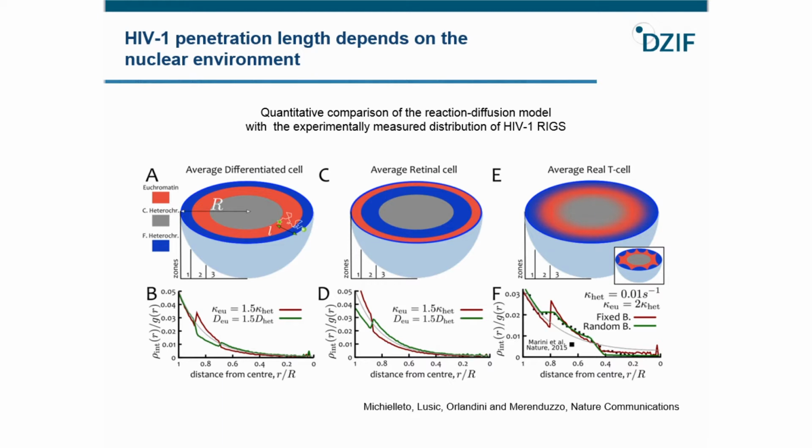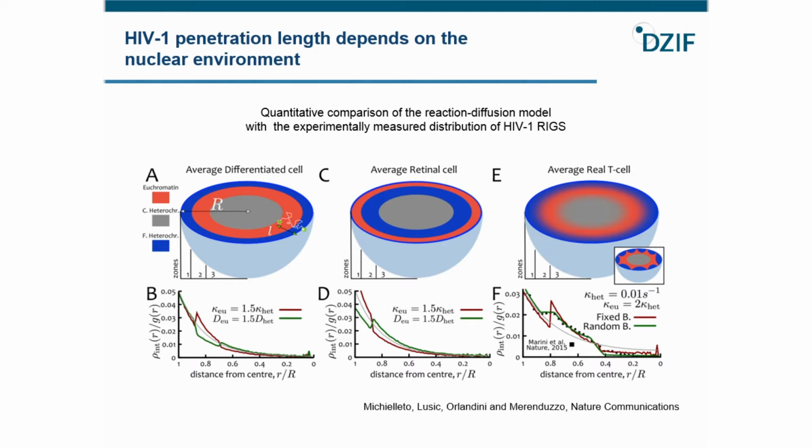Italian physicist, in which we compared, this is a little bit complicated, but I like to show this slide because it actually confirms that even if you do statistical modeling and quantitative comparison of the reaction diffusion model, very complex physics here, we still basically see that HIV integration depends a lot on the structure of the T cell nucleus.